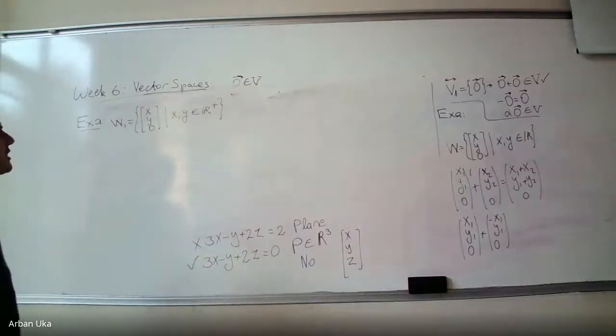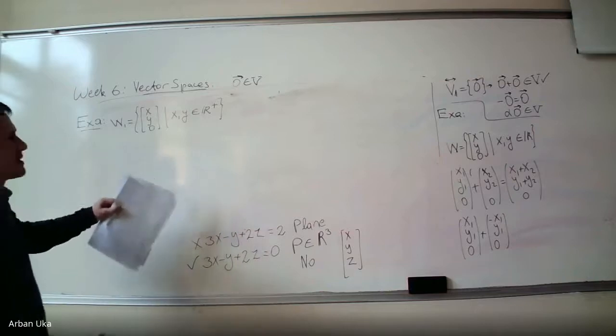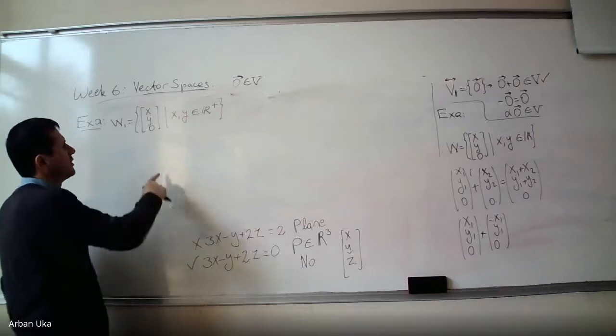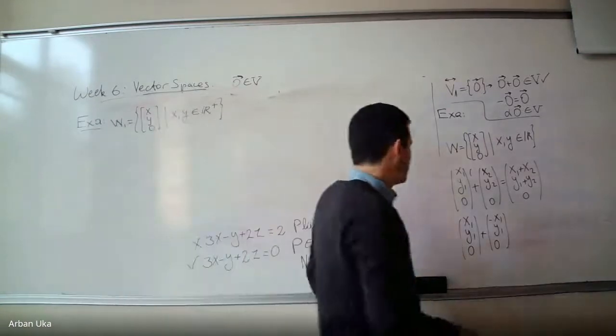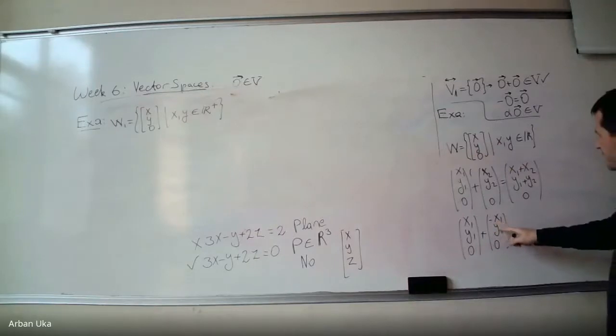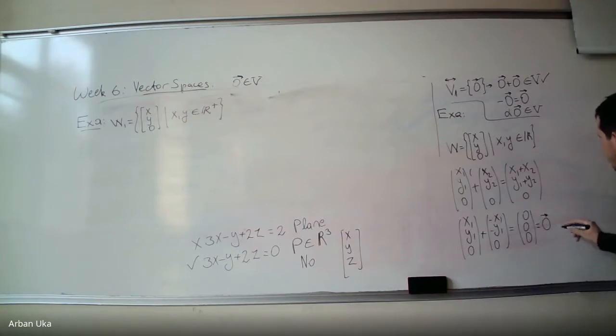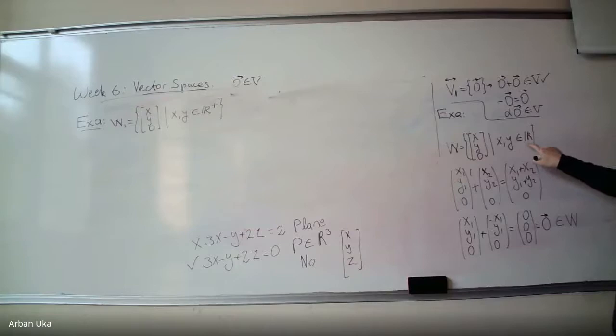If this was the case, we don't have a vector space, because we cannot find a negative vector such that one vector plus another gives a 0. But here we can. Here we can have minus x1, minus y1, and this would be equal to 0, 0, 0, which means this is the 0 vector, and the 0 vector is an element of the vector space W. Since x and y are any real number with no constraint, the 0 vector is already in here.